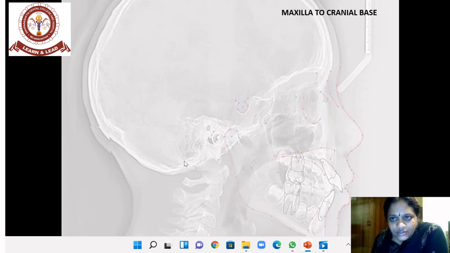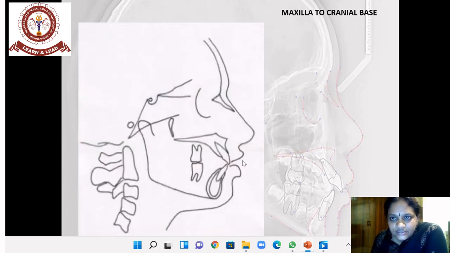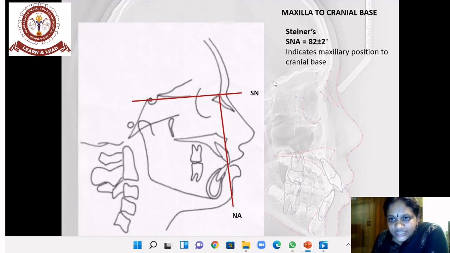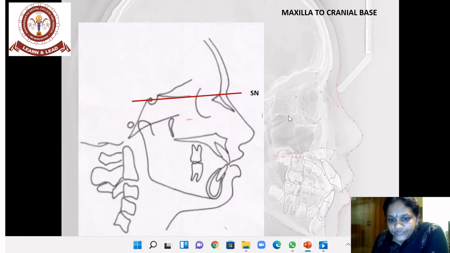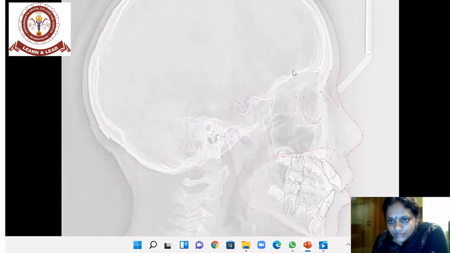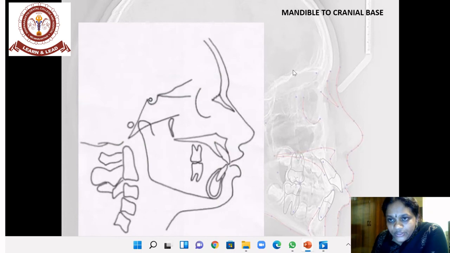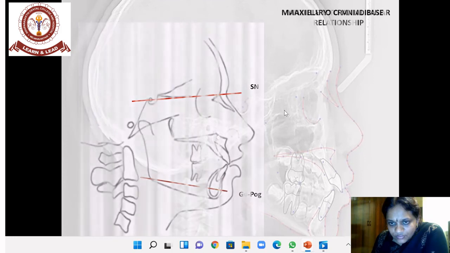So this is a composite analysis, just to compile all the analyses that we have learned today. What are the values relating the maxilla to the cranial structure? In STEINER'S, it is your SNA angle, and for mandible to cranial base, it is your SNB and SND angles.